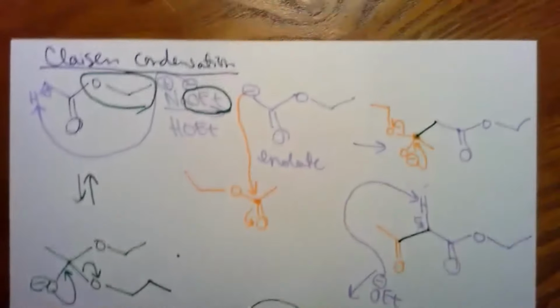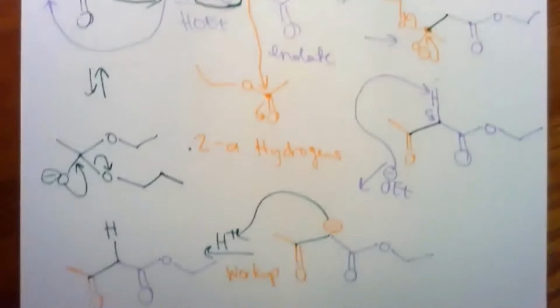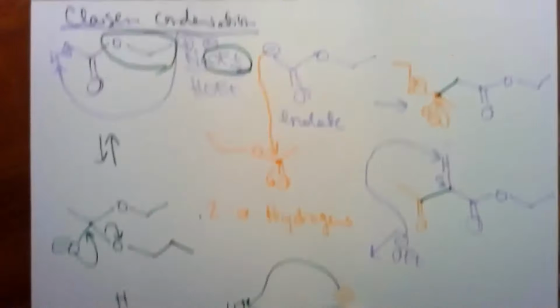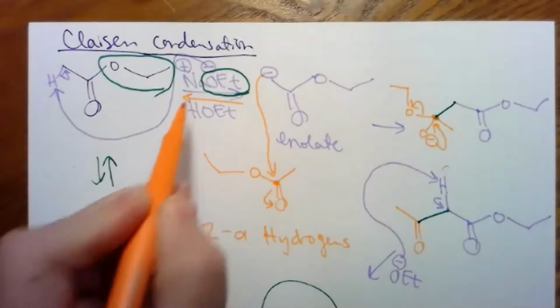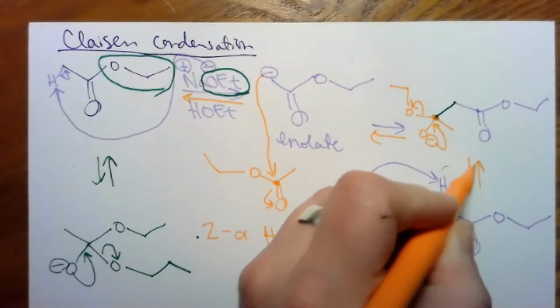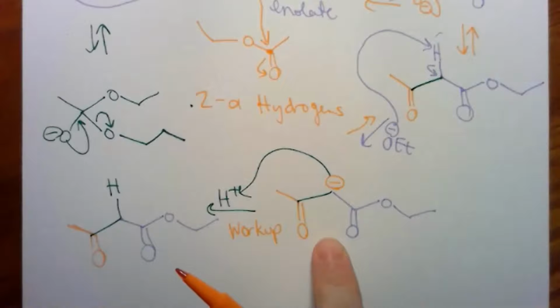The Claisen reaction, the Claisen condensation, must have 2 alpha hydrogens in order to work. Because if you don't have 2 alpha hydrogens, you won't get to this step. And because I have bad habits, I did not write all of these reaction arrows as equilibrium processes, but they are all equilibrium processes until you get here.